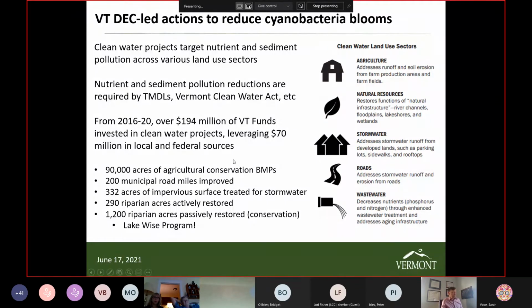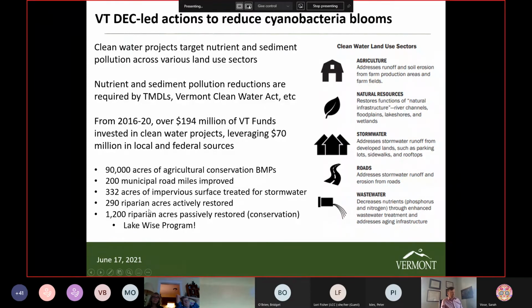Some examples of the projects that we've implemented: agricultural BMPs have been put in place on 90,000 acres of agricultural lands. We've improved 200 miles of municipal roads to reduce stormwater runoff from those roads. 332 acres of impervious surface, think parking lots, at some of our larger shops have been treated for stormwater.